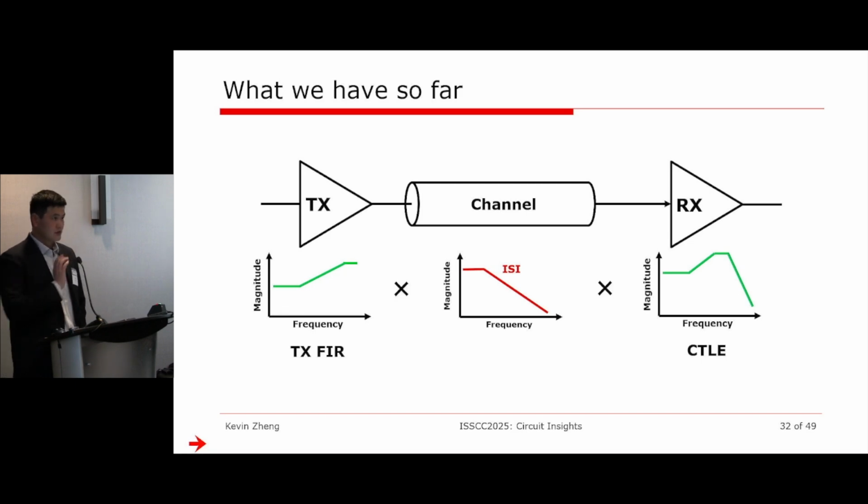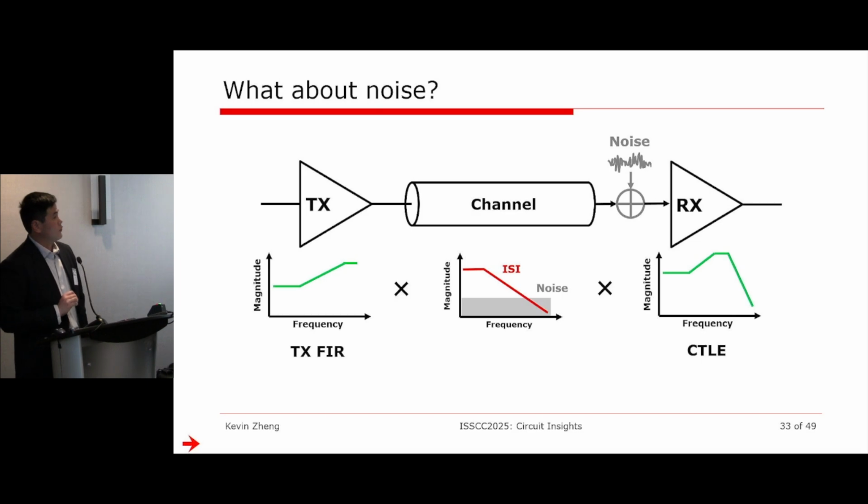So here's what we have so far. We have some high-pass filter on the left side, some high-pass filter on the right side. We know how to build the circuits, and we know the decision device that we just built, right? What's missing is I haven't talked about noise yet, right? So noise is this random process, and in the frequency domain, this floor is going to be added on top of your circuit. So how do the circuits perform with noise?